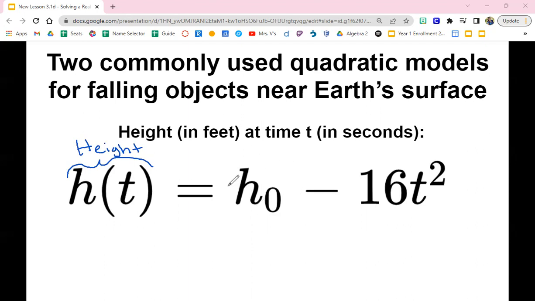Our h sub 0 is going to be considered our initial height. And this formula is going to be used whenever we're given 2 different heights. So for example, we start at a certain height and we want to know how long it takes to get to a different height from the first one.